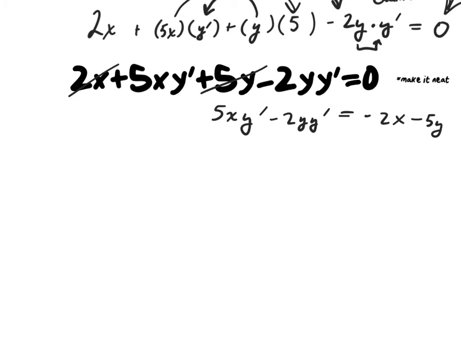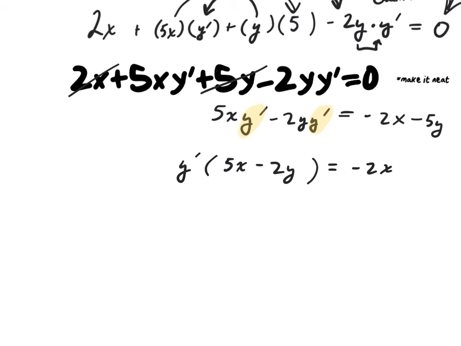Bring down every term that has a y prime, and then that's going to get us a little bit closer to solving for y prime. As you can see, I have a y prime here and a y prime there. No different from in algebra when you have to factor out a common factor. The y prime is common between these two terms, which leaves me with a 5x minus 2y in the parentheses.